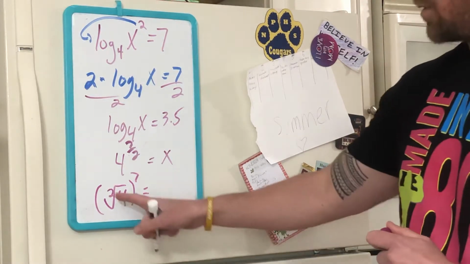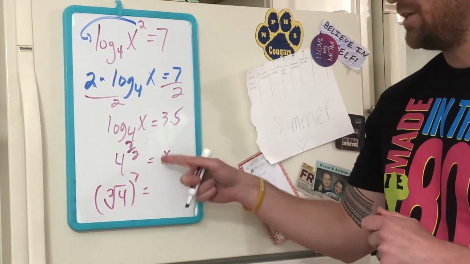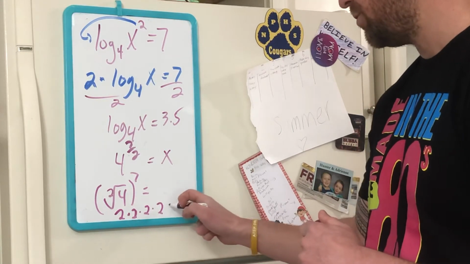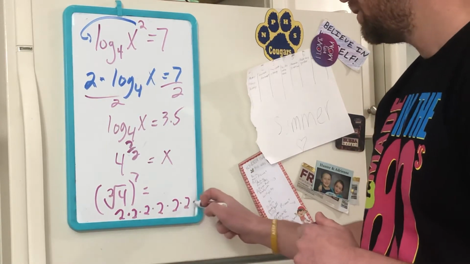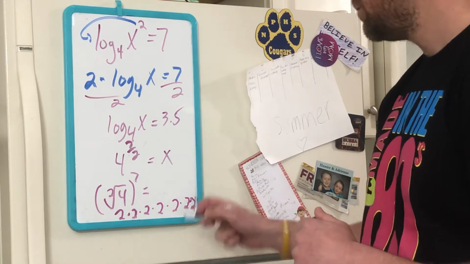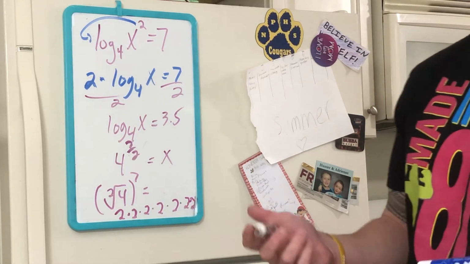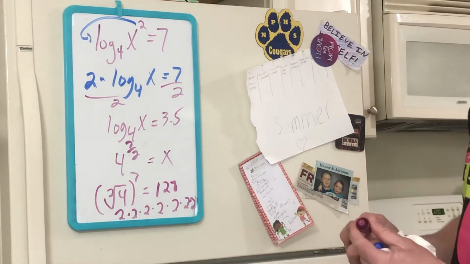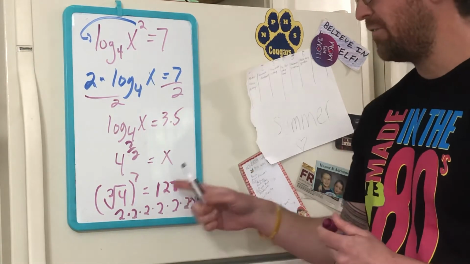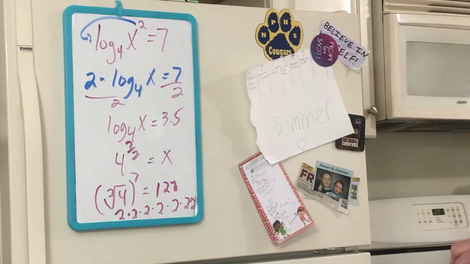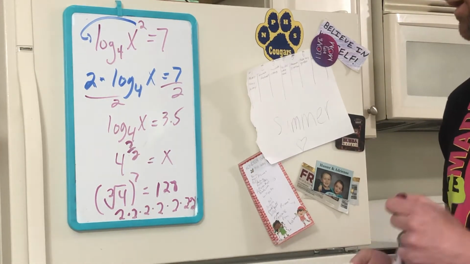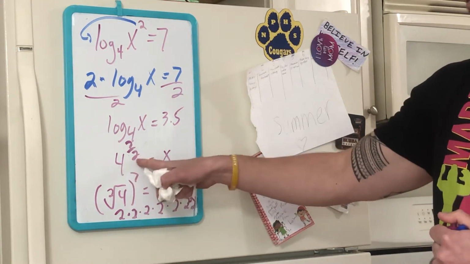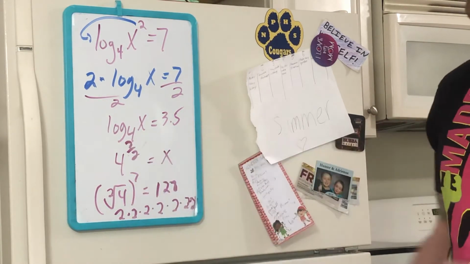The square root of 4 is 2, and 2 to the 7th power is 2 times 2 times 2 times 2 times 2 times 2 times 2. So that's 7 2's, which is 128, I believe. So if you did 4 to the 3.5 power, you should get 128. Or you could do it in your head, which is the square root of 4 to the 7th power.